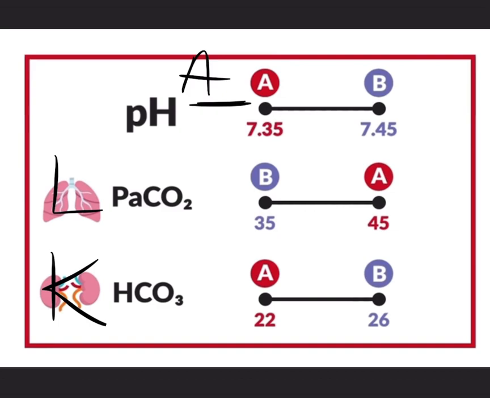Step number 2, we need to match the pH with a partner. If our pH is acidic, we know automatically that our partner is going to be in the acidic range as well. Taking a look at our PaCO2, it is 55. We can see that 55 is over 45, and that in turn means that our PaCO2 is acidic as well. So there we go.